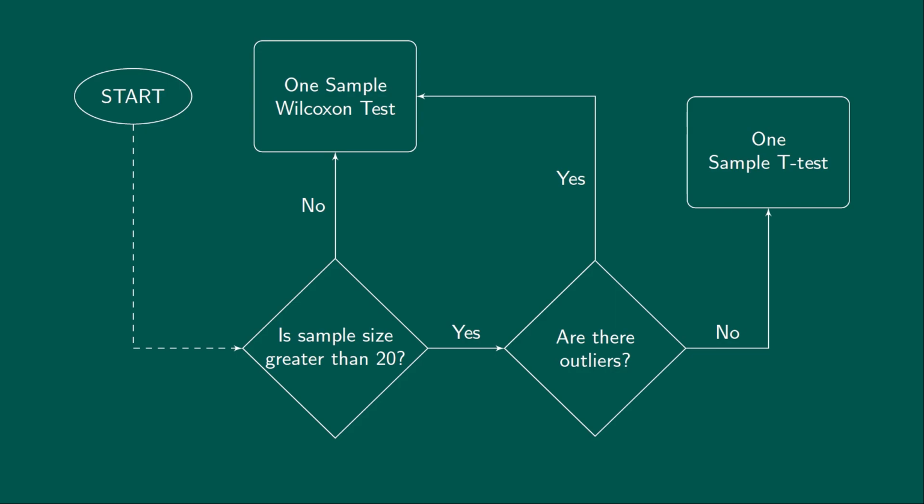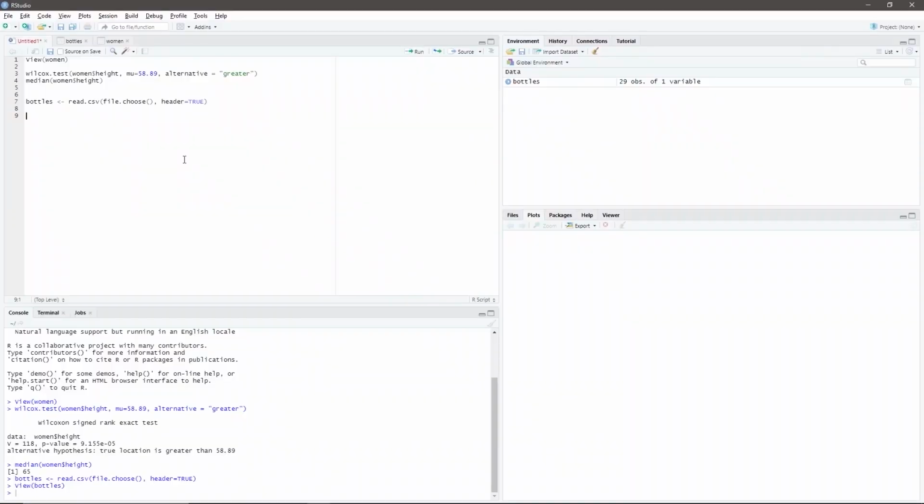Now, we use the flowchart to identify which of the two tests will be used to analyze the data. Since the sample size is greater than 20, we must check if outliers are present in the dataset using a boxplot. To generate a boxplot in RStudio, we type boxplot, open parentheses, bottles$volume.